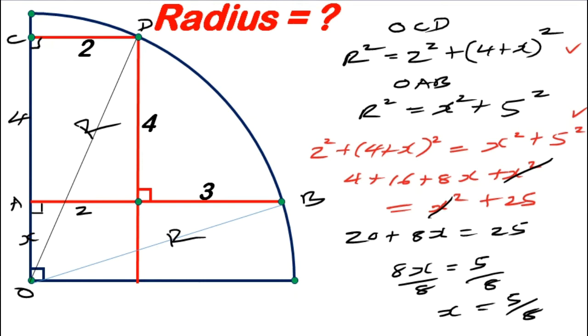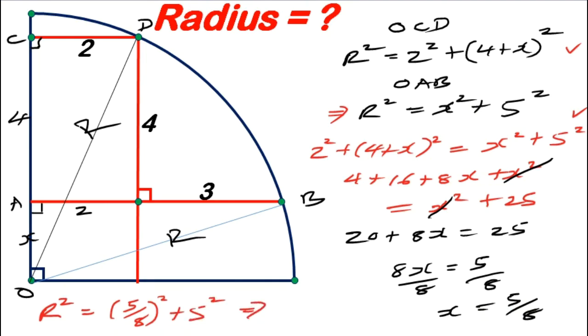Having found X to be 5 over 8, you can use either of the two equations to determine the radius R. If we use, for instance, the second equation, we found that R squared was equals to X squared plus 5 squared. So X is 5 over 8, that is going to be 5 over 8 squared, plus 5 squared.